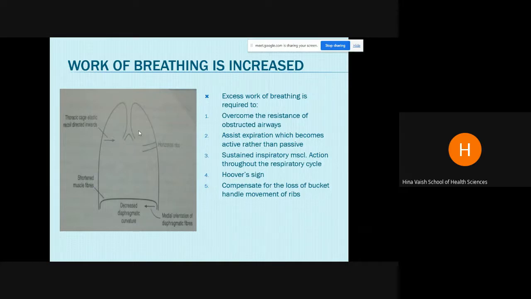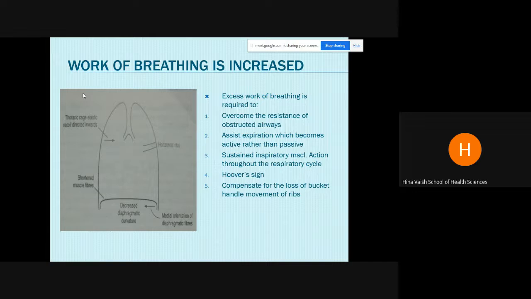Then you can see Hoover's sign in these patients. They compensate for the loss of bucket handle movement of the ribs. In the figure I have shown that the thoracic elastic recoil is directed inwards and the ribs become more horizontal. Normally, as I taught you, the ribs are oblique, inclined at an angle, not horizontal.